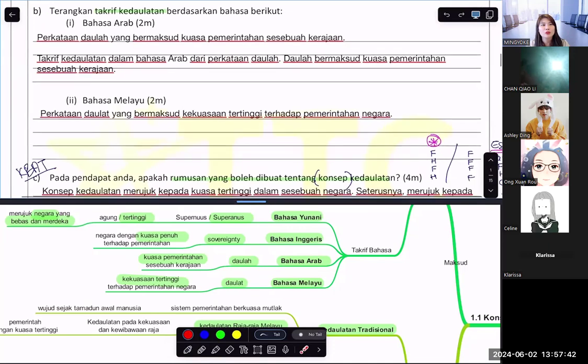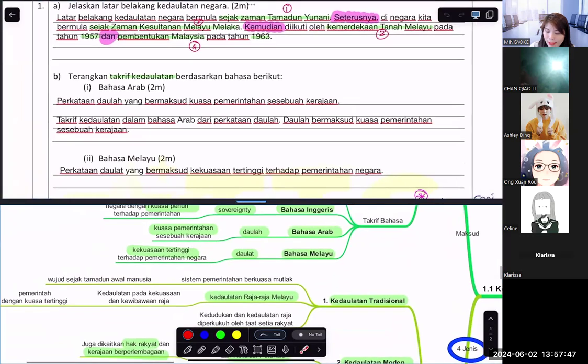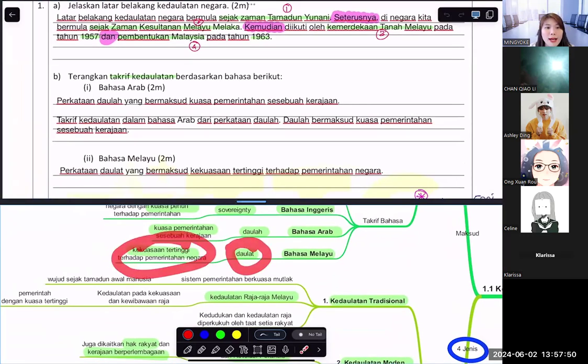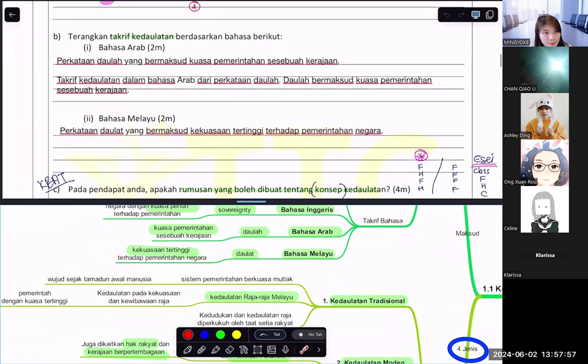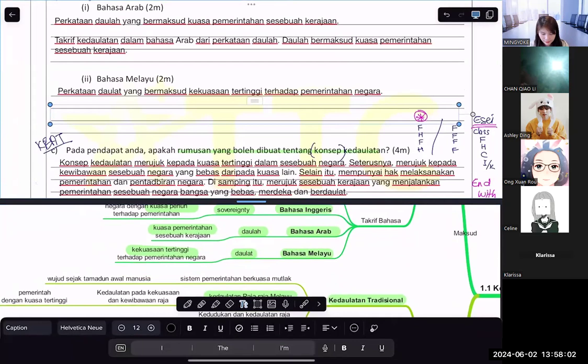Okay. Now, everyone, let's continue. Next. Bahasa Melayu is daulat yang bermaksud kekuasaan tertinggi terhadap pemerintahan negara. If you want to write as per the kepala soalan, then you have to start with takrif kedaulatan again. Takrif kedaulatan dalam bahasa Melayu dari perkataan daulat.